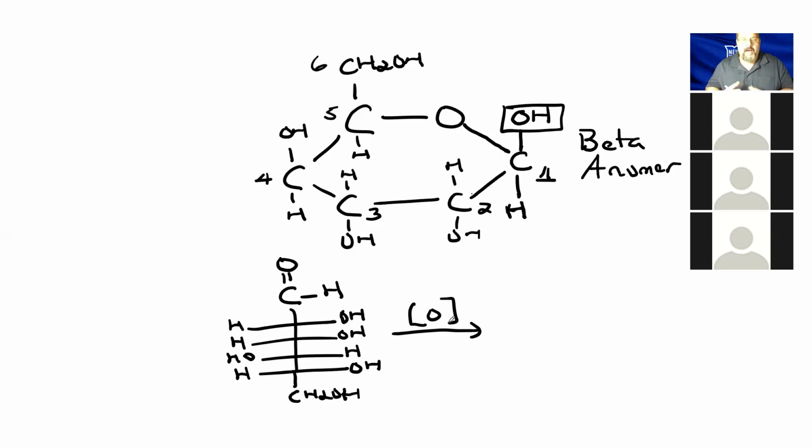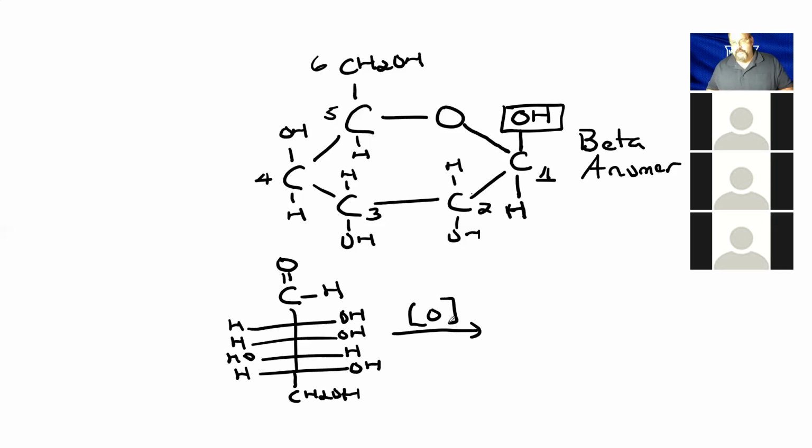When a monosaccharide essentially undergoes oxidation, even though it has aldehyde and alcohol groups that can both undergo oxidation, what usually happens is that a selective oxidation occurs.